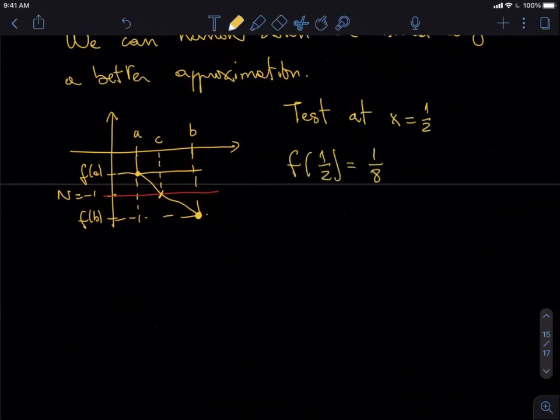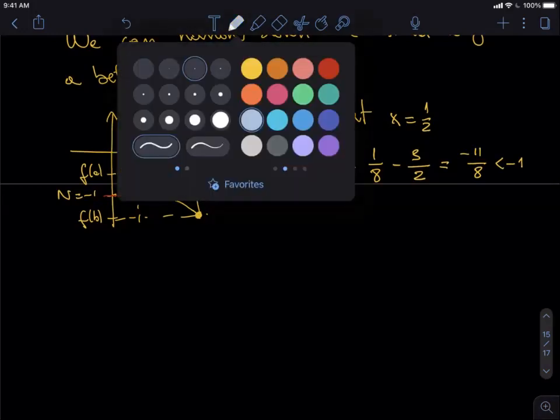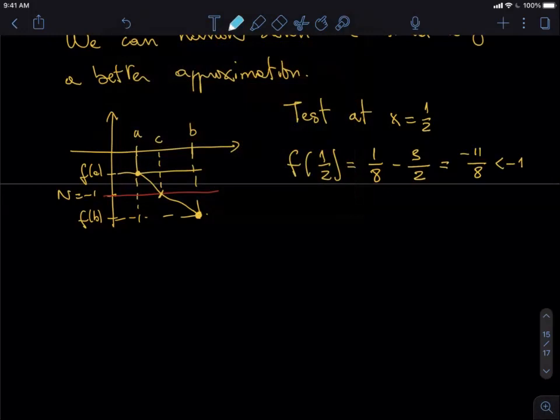So at 1/2 we have 1/8 minus 3 divided by 2, because it was minus 3x. And this is -11 over 8, which is less than -1. What does this mean? This means that our 1/2 is going to be here. This is 0, this is 1, this is 1/2.